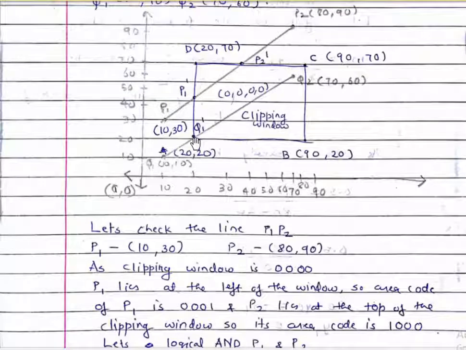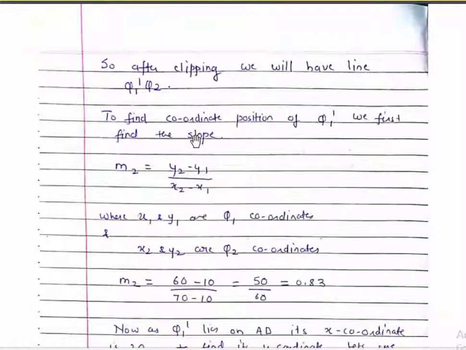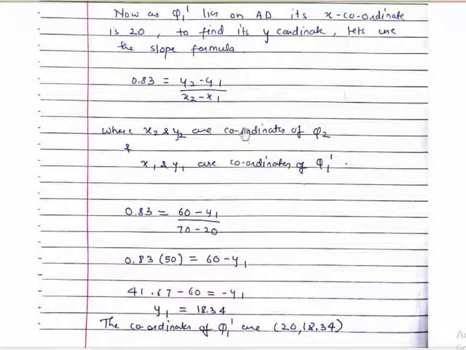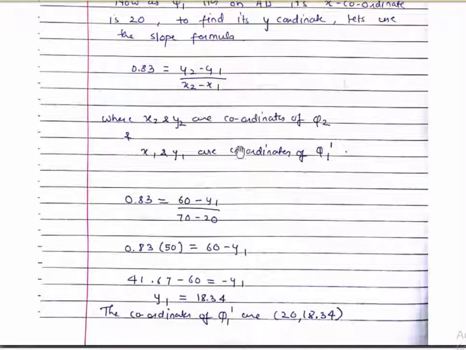Now the only thing that we have to find out of Q1 dash is its y coordinate. Now what we do is we again use the slope formula over here. We know the slope of the line, it is 0.83, and we know the x coordinate, but we don't know the y coordinate. So we have (60 minus y1) upon (70 minus 20), that is the x coordinate of Q1 dash.